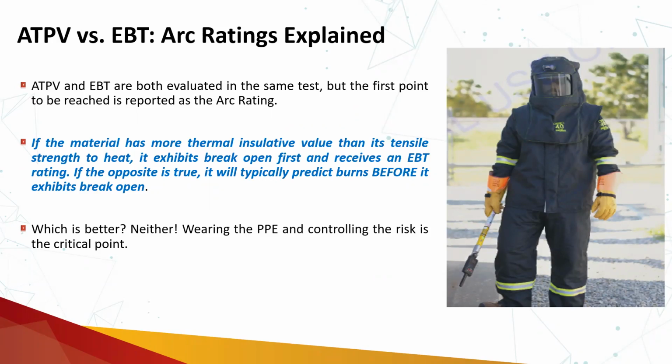ATPV is basically the reflection of the thermal insulative capability of the material itself, while the EBT is about the tensile strength, that is, how mechanically strong the fabric is, so that it will not break open first. So if the material exhibits more tensile strength than its thermal insulative property, then that particular specimen will have less ATPV as compared to EBT.